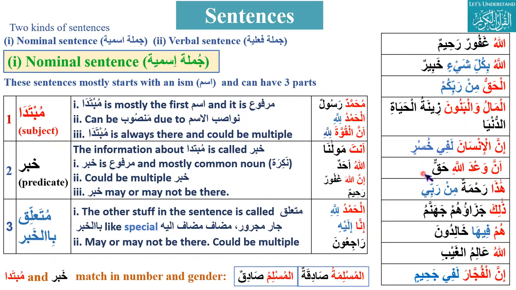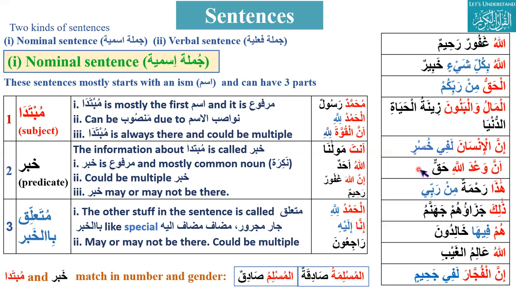Can you please tell me, in this sentence, about mubtada, khabar, and muta'alliq bil khabar? Anna wa'adallahi is mubtada and haqqun is khabar. Can you please translate it? Anna means that, and indeed.